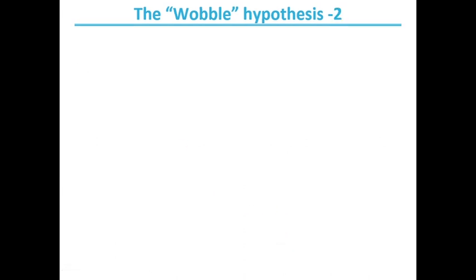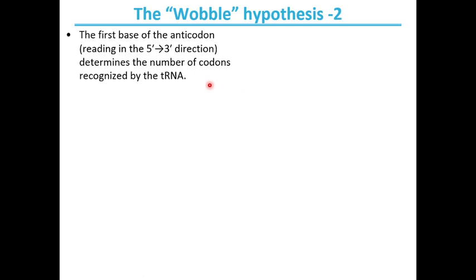The wobble hypothesis 2 has four parts to it. The first part states that the first base of the anticodon, reading in the 5' to 3' direction, determines the number of codons recognized by the tRNA.